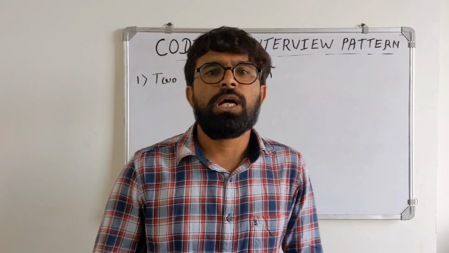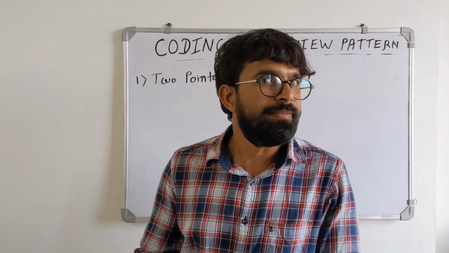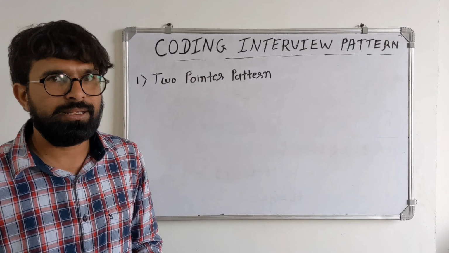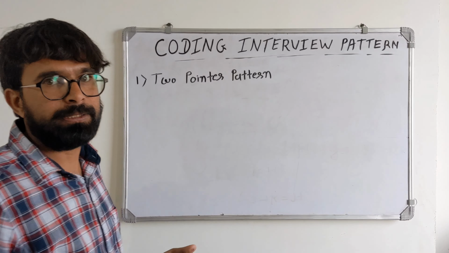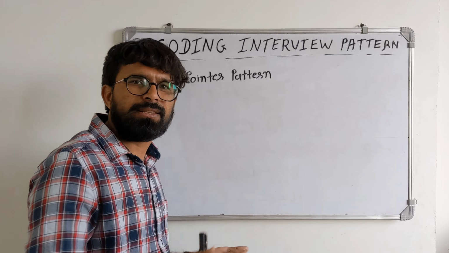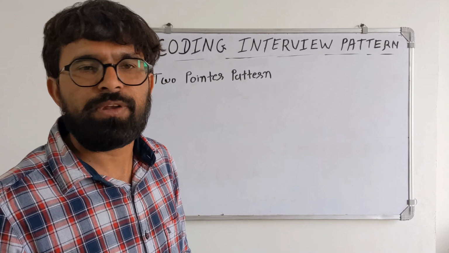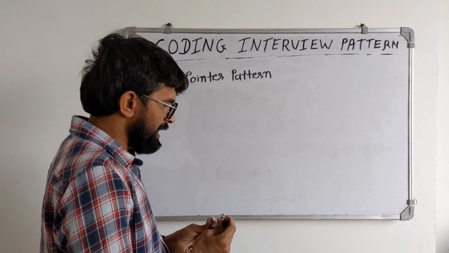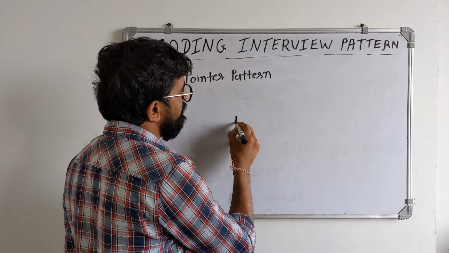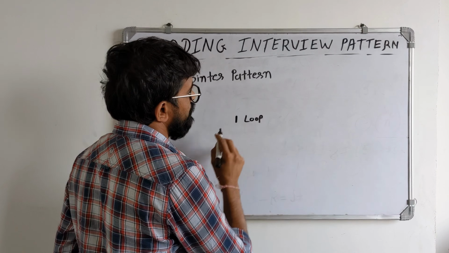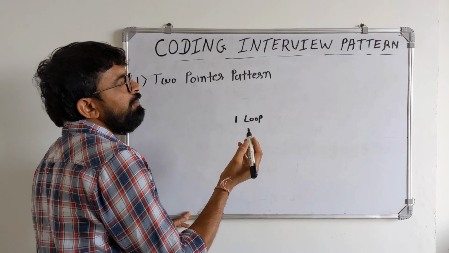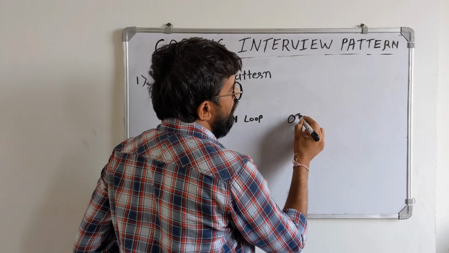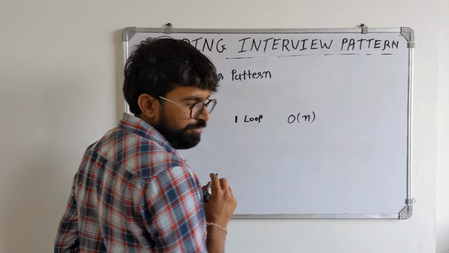Okay, so we just saw how we can solve this string validating problem using the two-pointer pattern. But we didn't check the time complexity and space complexity of this one. So let's see. Here we only use one loop, so the time complexity was big O of n.